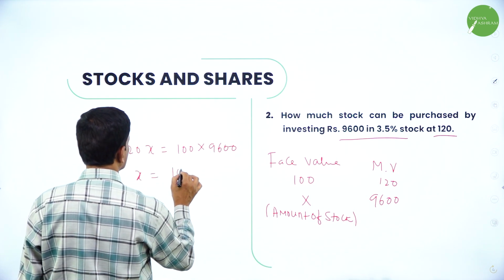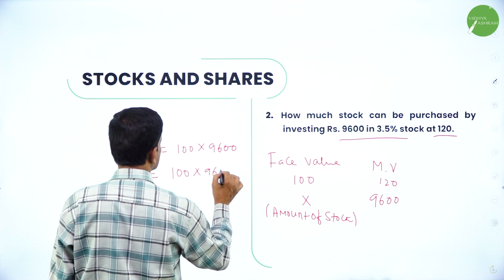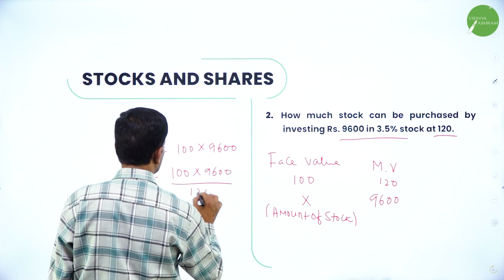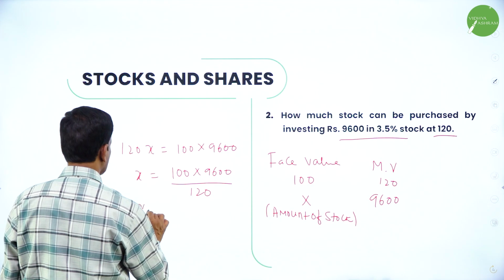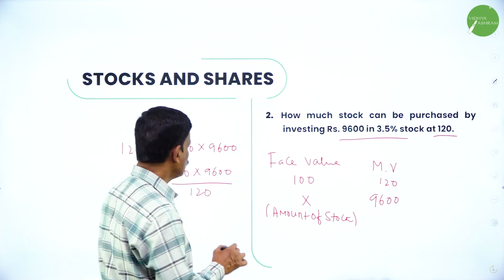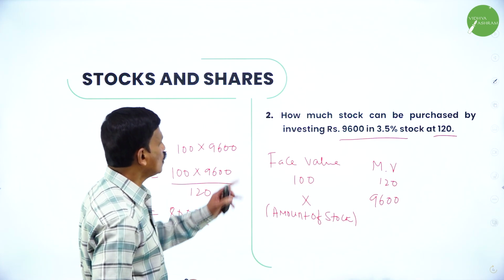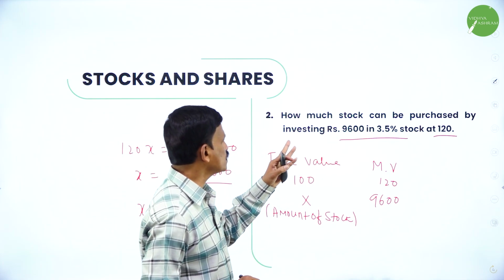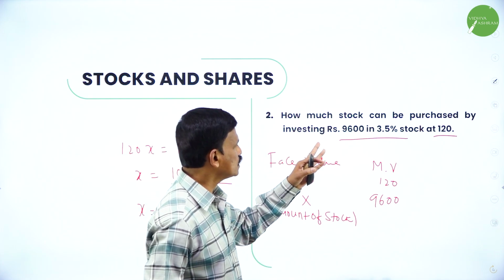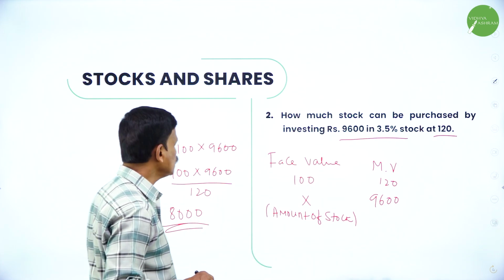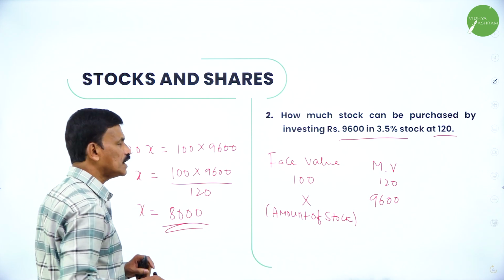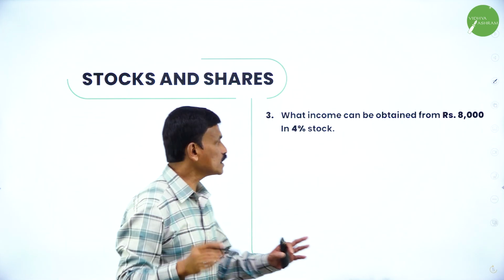Therefore X is equal to 100 into 9,600 divided by 120. Simplify this, and it is equal to 8,000. So, how much stock can be purchased by investing rupees 9,600 in 3.5% stock at 120? Here X is equal to 8,000. Right. Now, move on to the next problem.